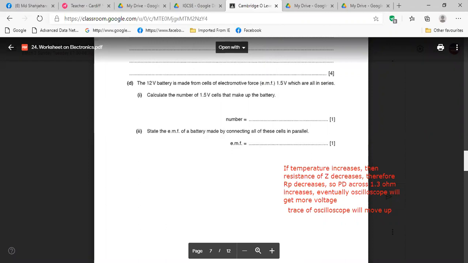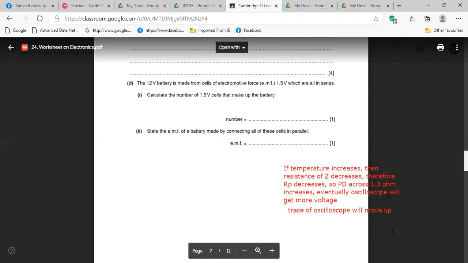Oh, why? I gave you notes on current electricity DC circuit. It's written there. You check there. If you are connected in series, what will happen? If you are connected in parallel, what will happen? It's written there in my notes. Go through it.